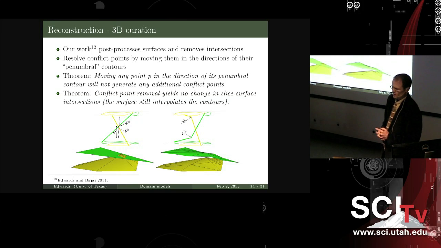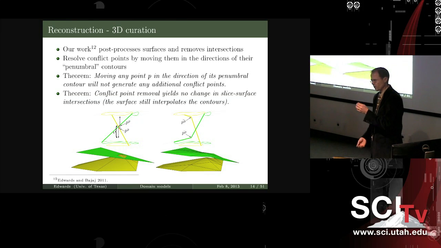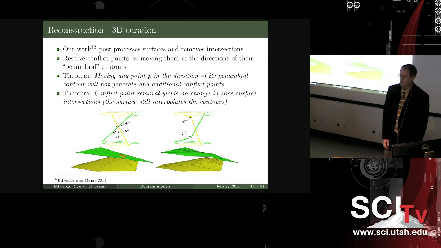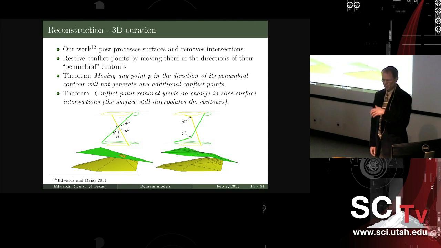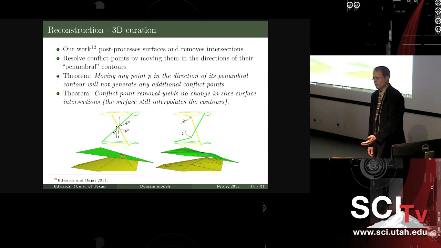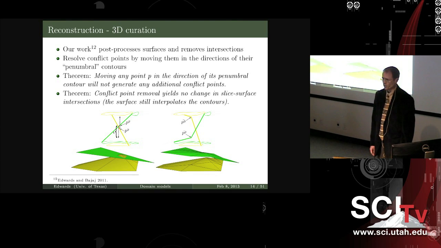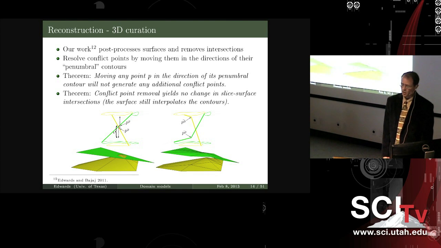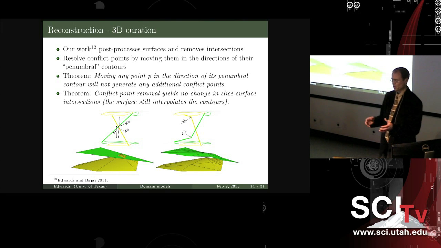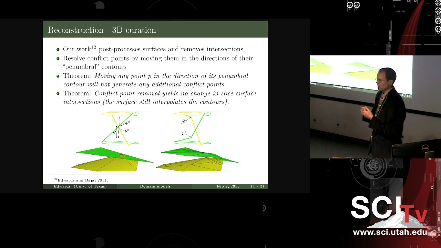And we do this by finding what we call conflict points, removing them by moving them in the z-axis, where the z-axis is orthogonal to the image plane. And because of certain properties of our single tiler, or our single component reconstruction algorithm, we can make certain guarantees about removing these intersections. Now, you would imagine when you have tightly packed components and you start messing around with the vertices and pulling things apart, there's a good chance that you're going to introduce additional intersections.